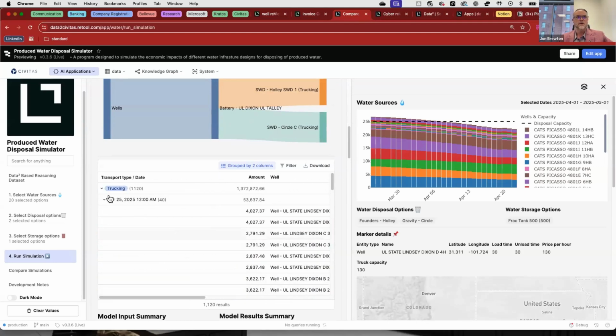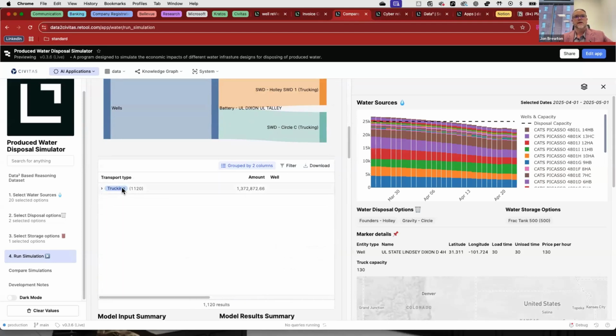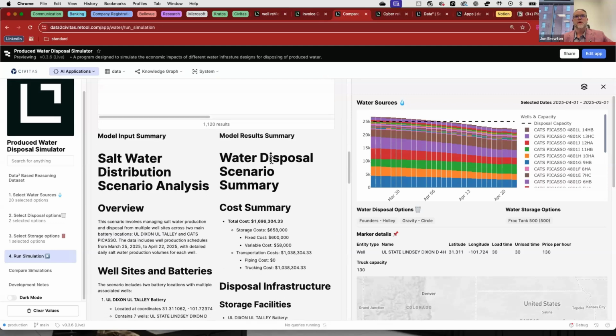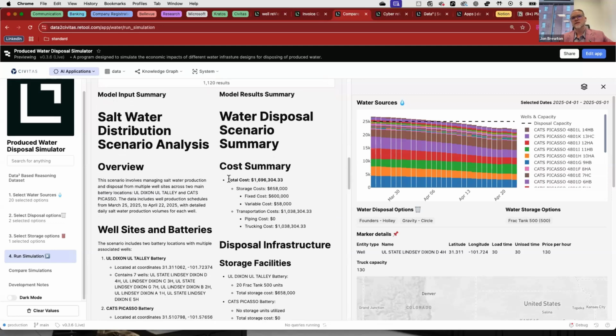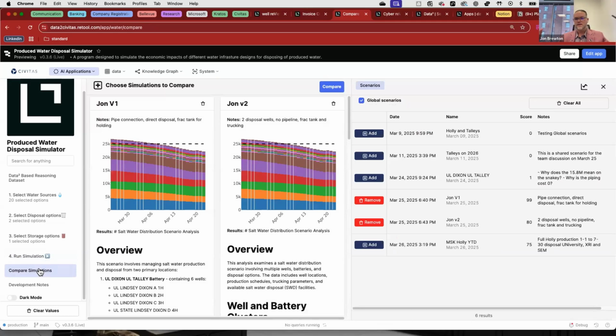And we understand exactly where they're coming from and how we're calculating that basis. But at a top line, we can understand, hey, in this instance, this mix of different alternatives created an opportunity for $1.7 million of cost that I need to outlay to manage these assets effectively. And we can quickly compare whether or not these two things make sense in context.